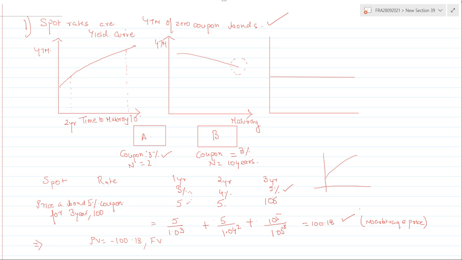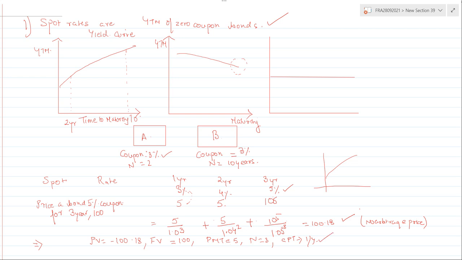My future value is 100, PMT is 5, N is equal to 3, CPT I/Y. So whatever answer we get for I/Y would be the YTM of the bond.